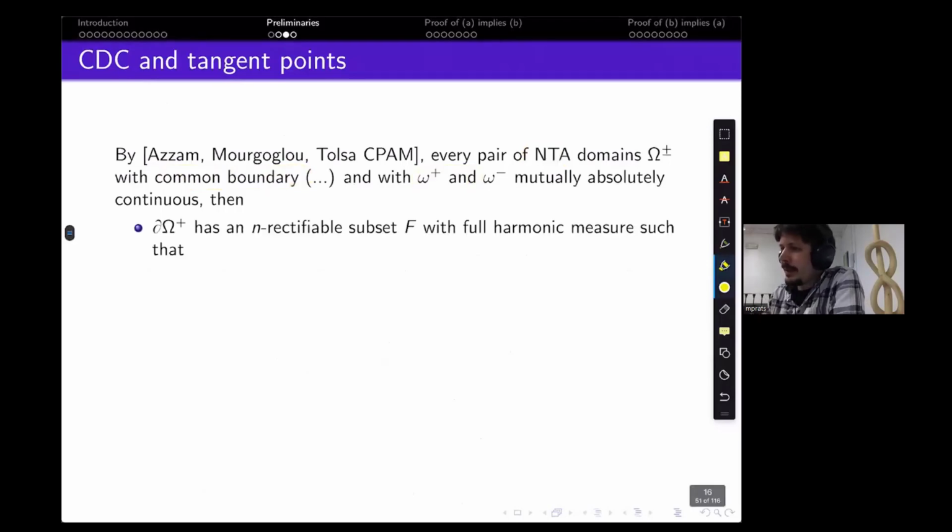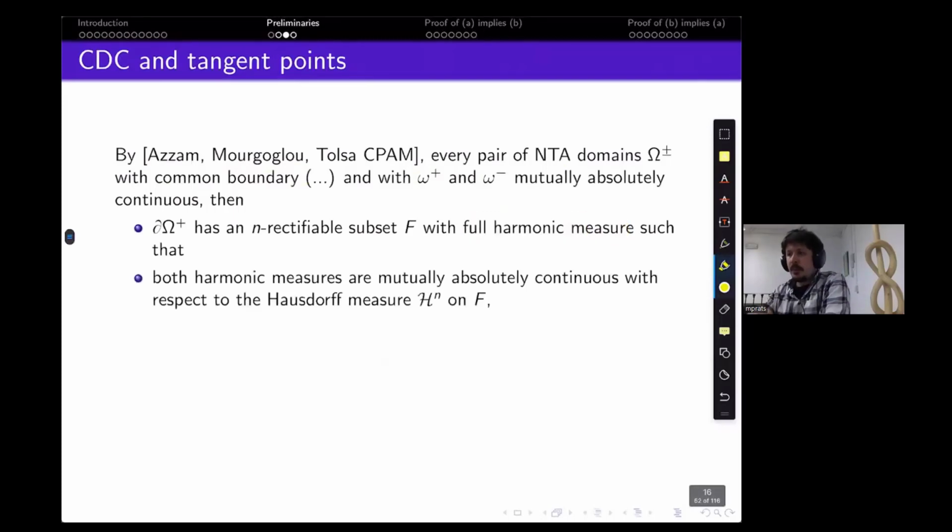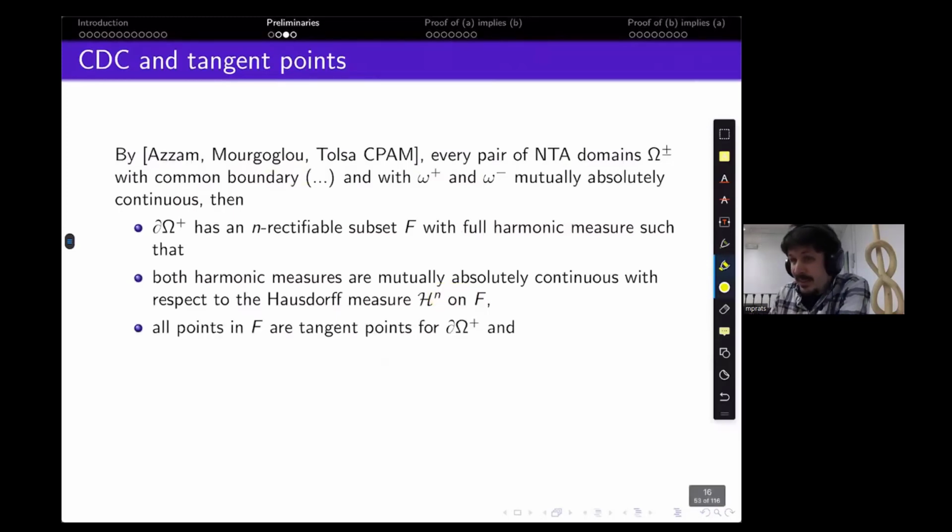The boundary has an n-rectifiable subset F with full harmonic measure. This is the two-sided non-quantitative free boundary problem. Moreover, both harmonic measures are mutually absolutely continuous with respect to Hausdorff measure. Good. Moreover, all points in F are tangent points for the boundary.